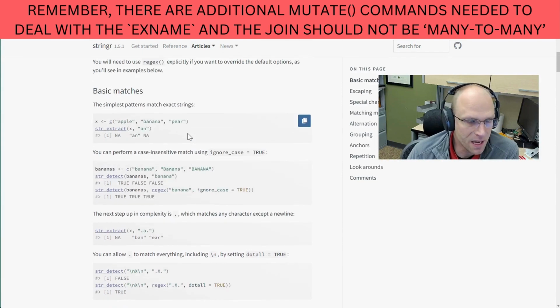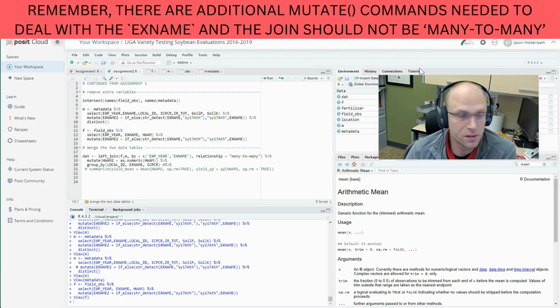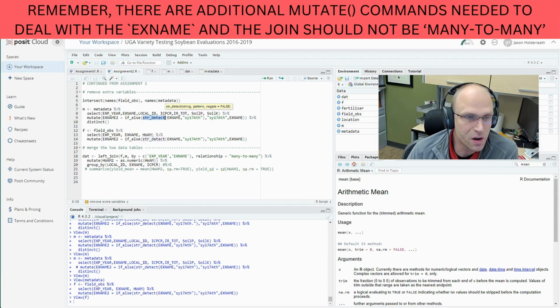But what we have is a way of detecting. So what we're going to tell it is, we're going to go up here to this line here. I'm saying mutate, creating another variable so that I can compare it. If else, then one of the stringr functions is str_detect.